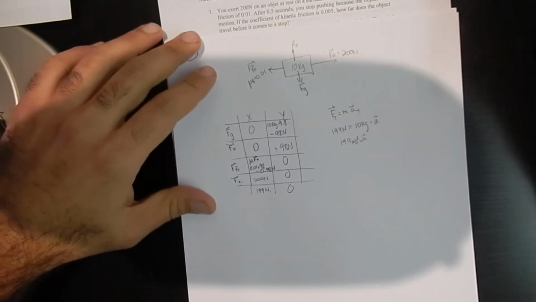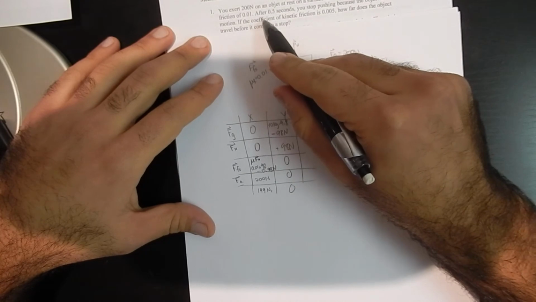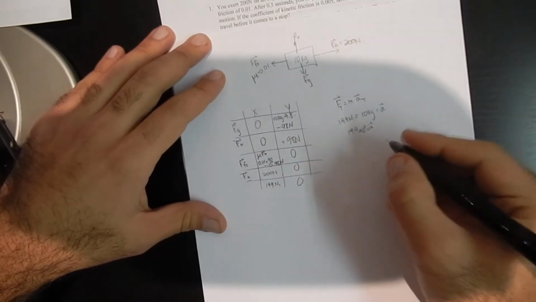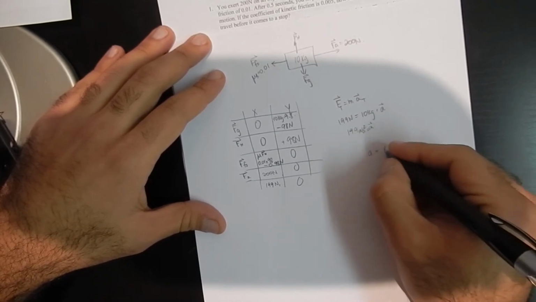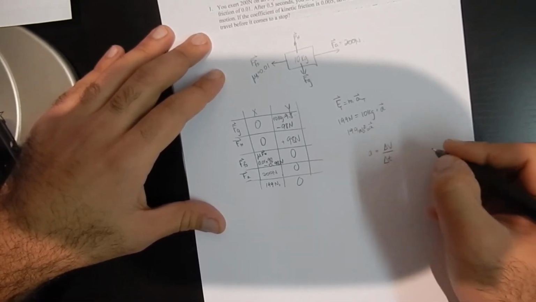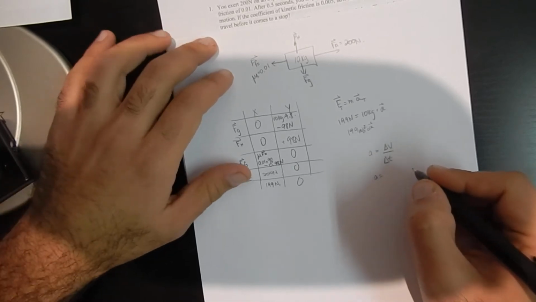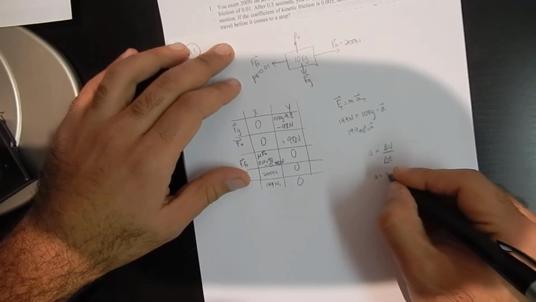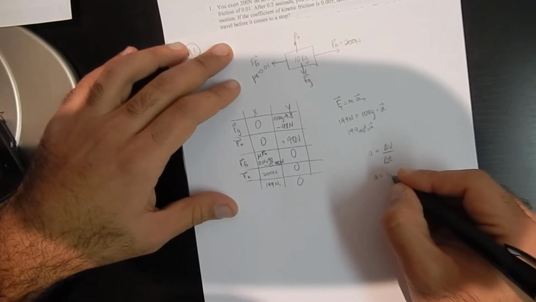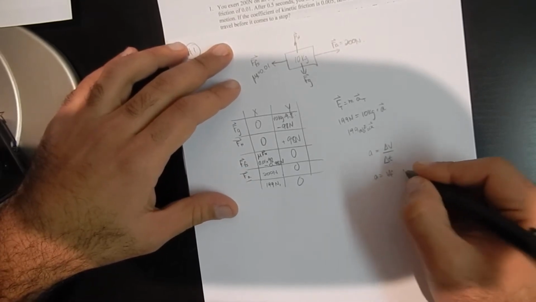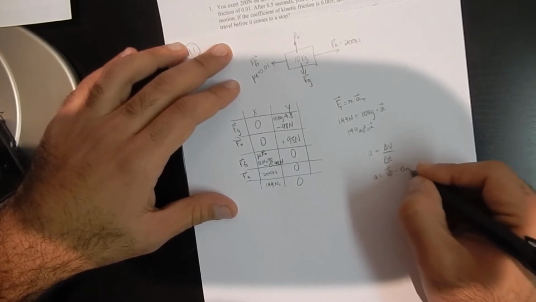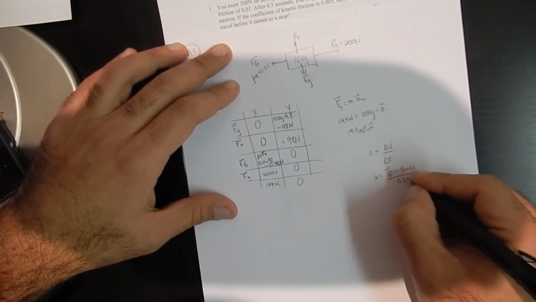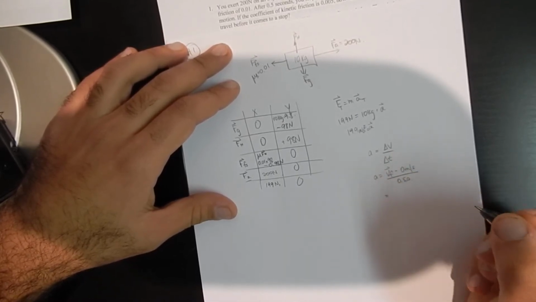Perfect. Now, it says I pushed the object for 0.5 seconds, right? So if I know this is an acceleration, I can do acceleration is equal to delta v over delta t, and therefore it's equal to final minus initial. So whatever my final velocity is minus my initial velocity, which is 0 meters per second, divided by 0.5 seconds.